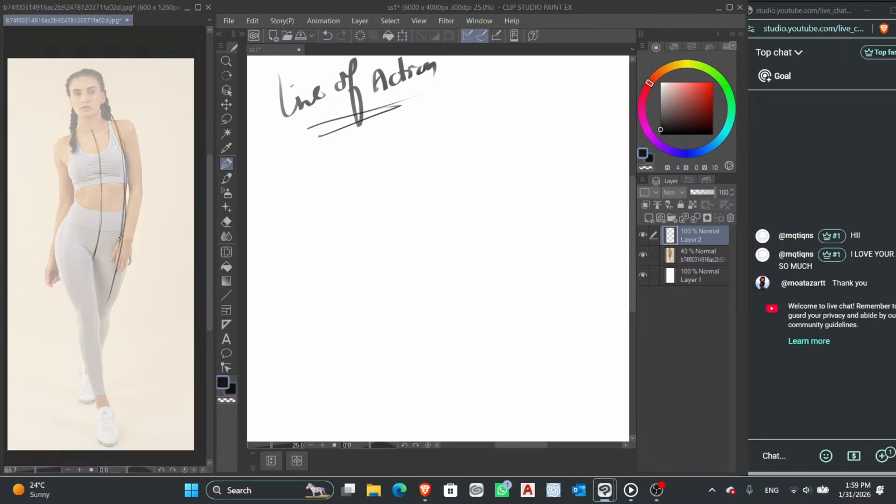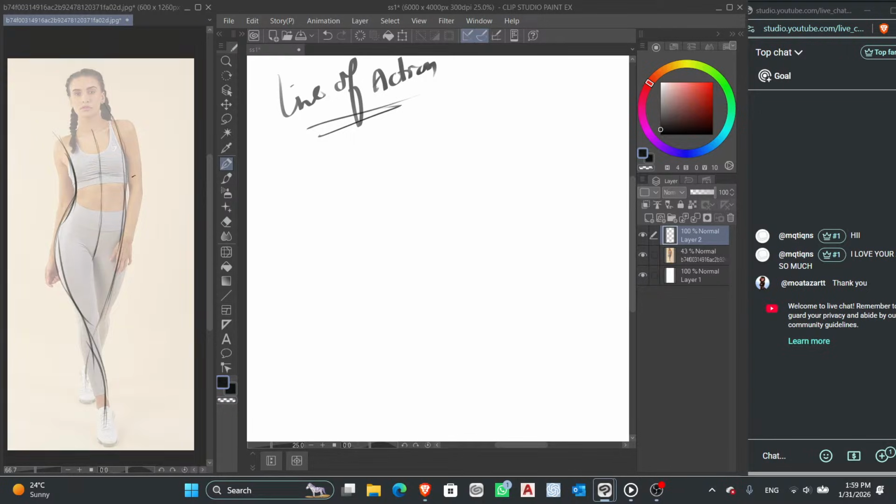This side represents this leg, and there is also a curve here making another flowy line to the other leg. If we show it like this, it's going to be this way. These are the big lines I'm trying to draw.